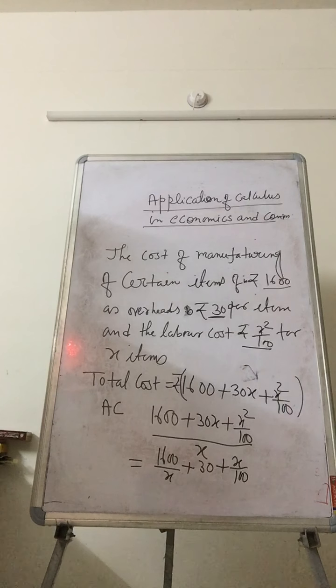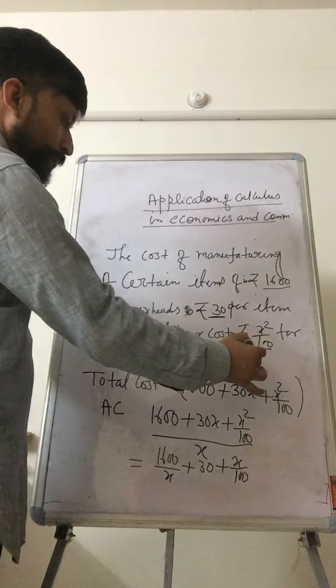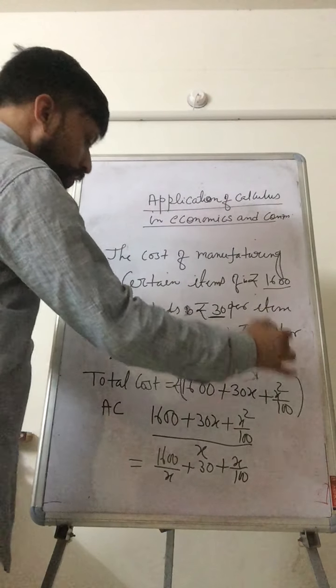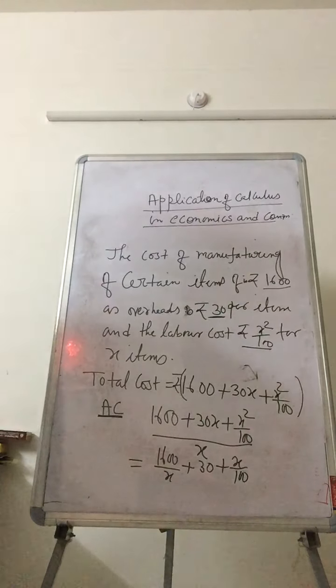Now the question was, how many items must be produced to have minimum average cost? So now we will find the derivative of this average cost.